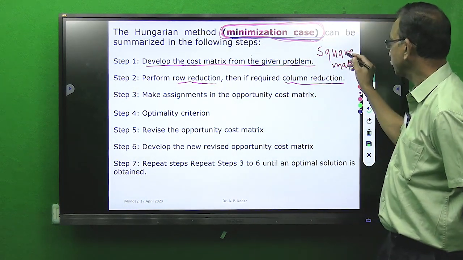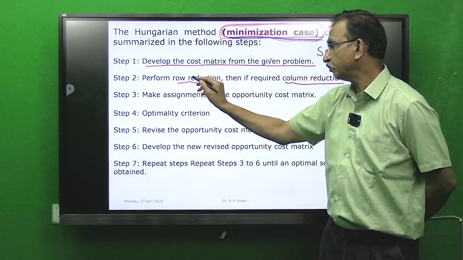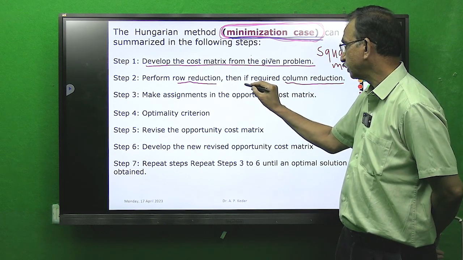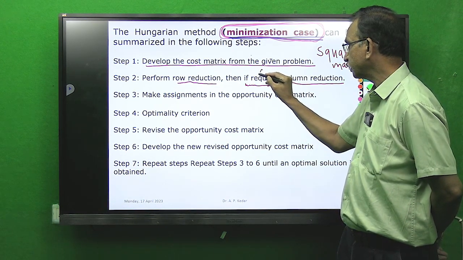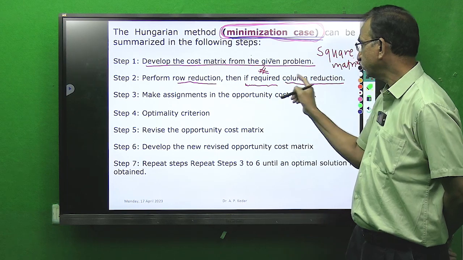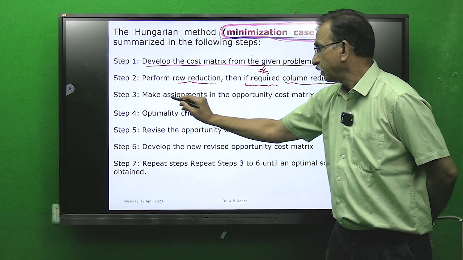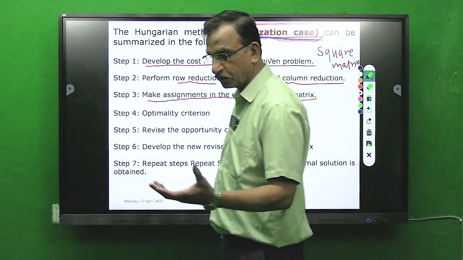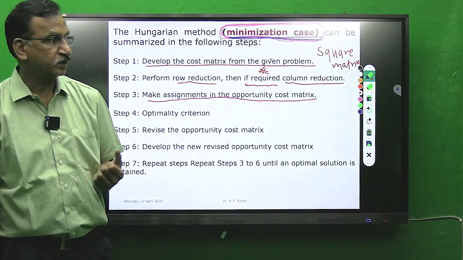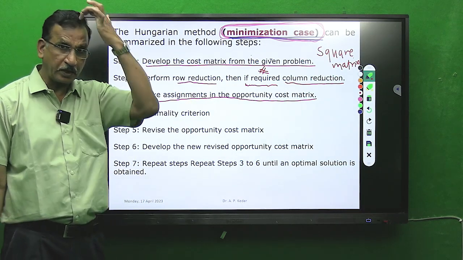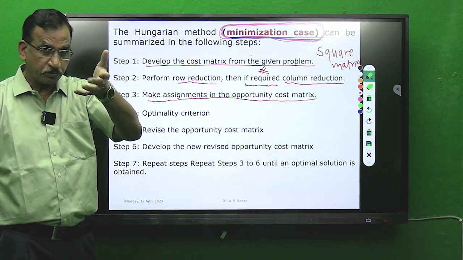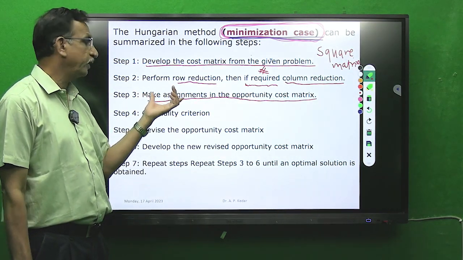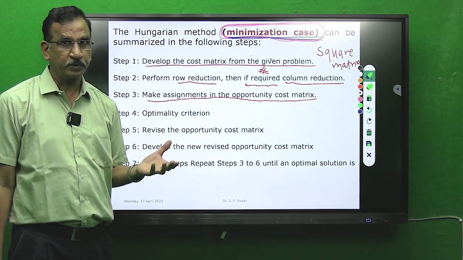First, you have to develop the square matrix, perform row reduction, if required, this is very important, perform column reduction. Make assignments in the opportunity cost matrix. The reduced matrix which we get after row reduction and column reduction is referred to as the opportunity cost matrix. In that we have to make assignments. We will see how to make assignments.